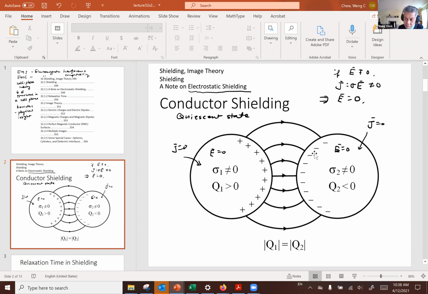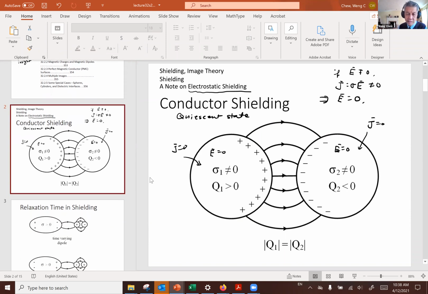And similarly, if this negative charge produces this electric field, positive charges will pile up on this end so as to produce 0 electric field inside. That is called electrostatic conductor shielding, and you can understand the physics quite well. So you don't need a perfect electric conductor, okay? So no PEC for electrostatic shielding.